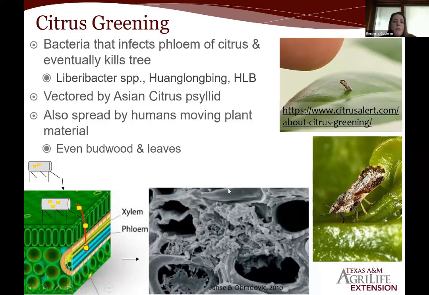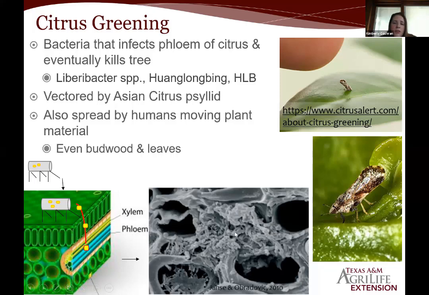So this is a phloem-limited infection, and the bacteria will multiply and colonize the phloem of the plant. Here is a cross section of the vascular tissue, specifically the phloem, and you can see the holes right there, so it corresponds with that photo.